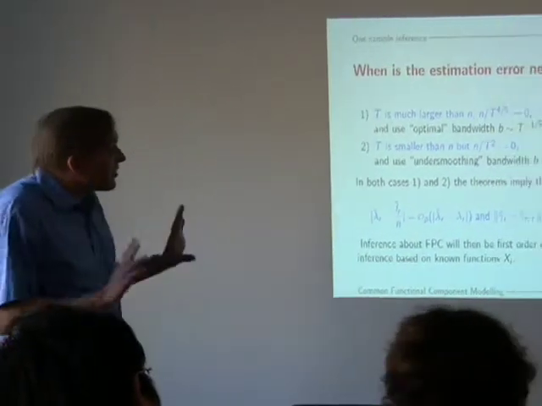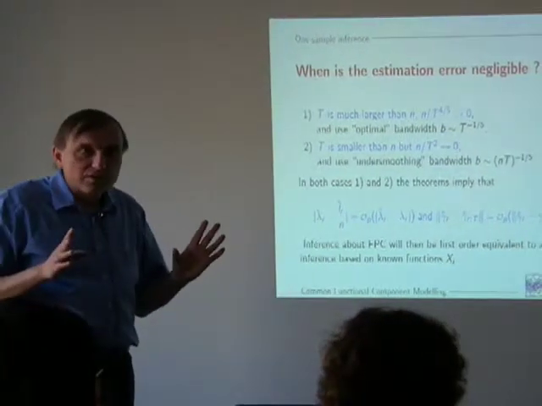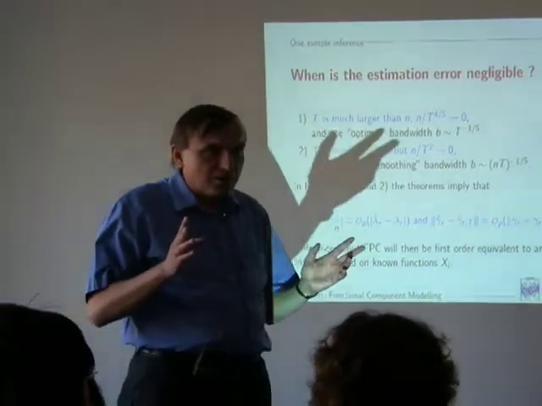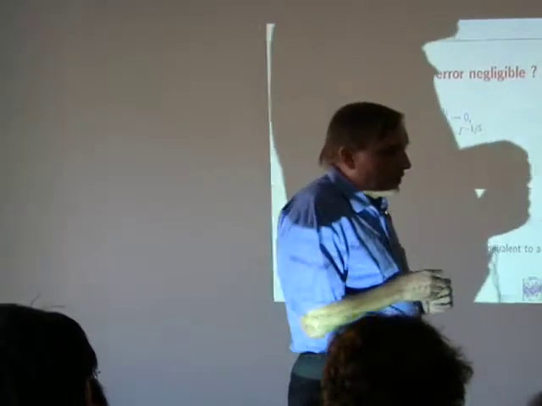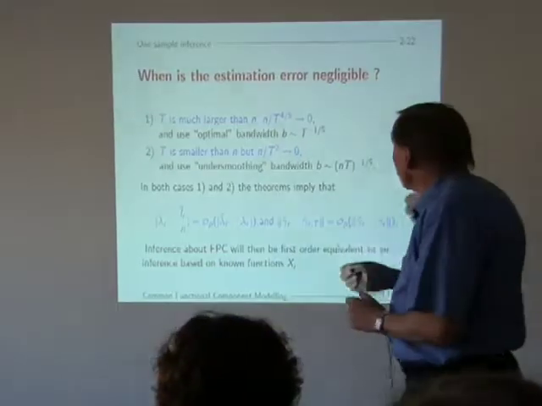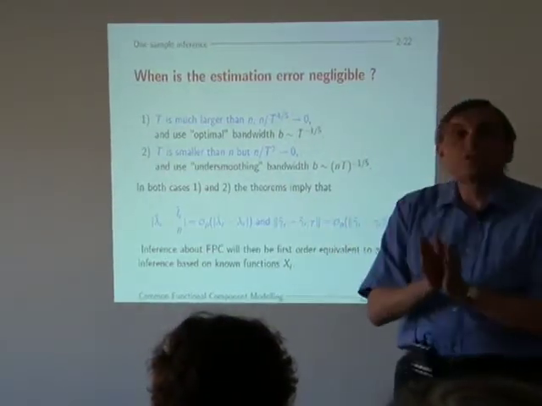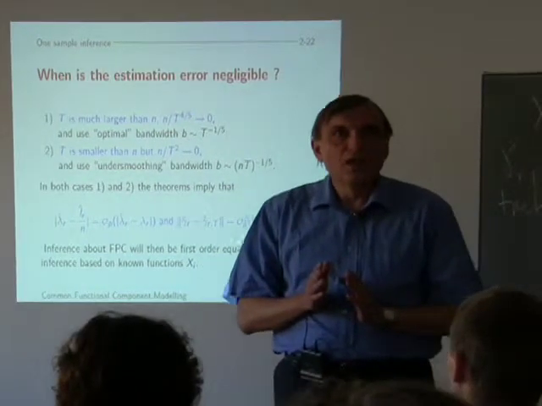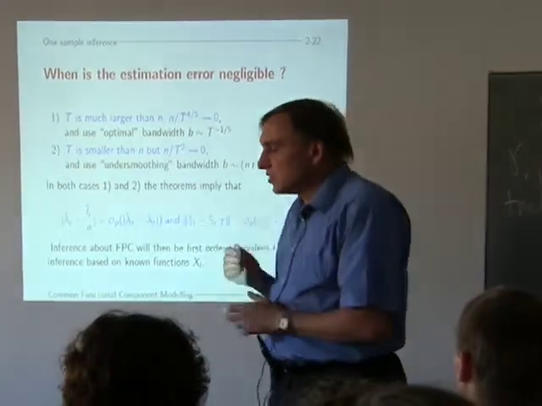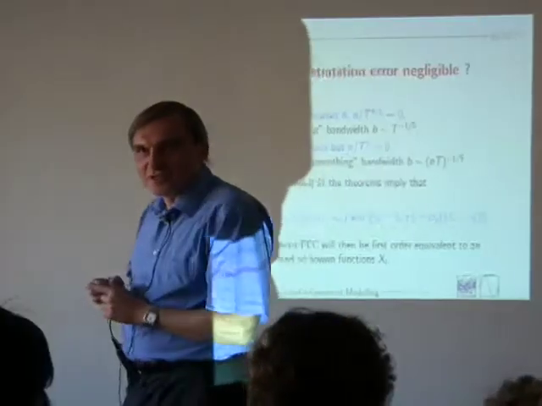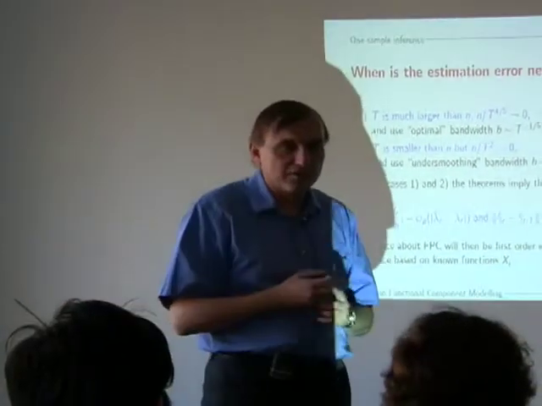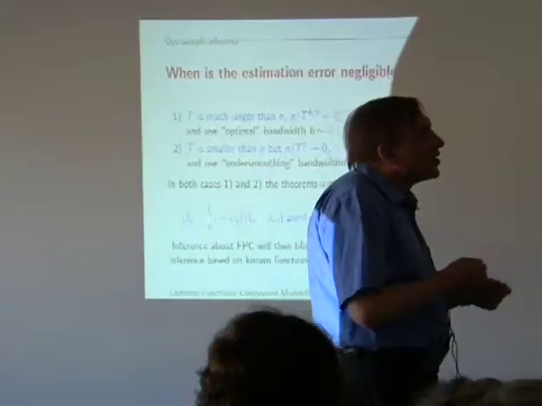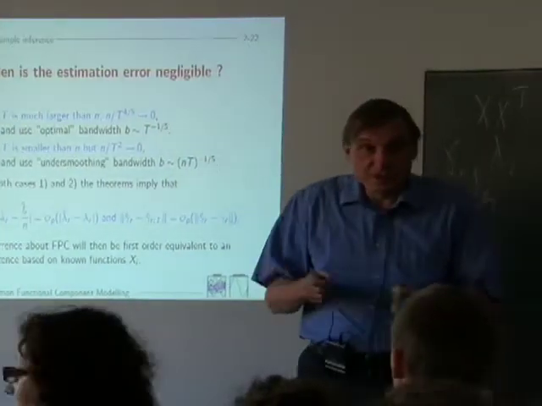Okay? I must say there's also theory developed now for cases where the number of observations is really small, say only 5 or 6 observations per curve, which is called sparse functional data. This is a type of sparseness theory, and they additionally assume a random design.